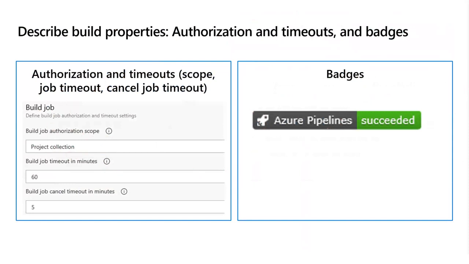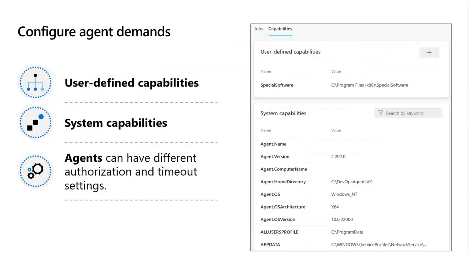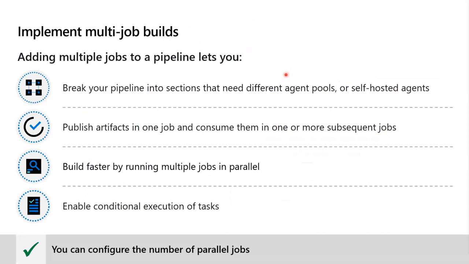So what else? What other strategies regarding these pipelines? You need to consider the capabilities of the system, the agent, and the agents can have different authorization and timeout settings. Or you can specify, for example, to execute processes in parallel. You can have multi-job builds.